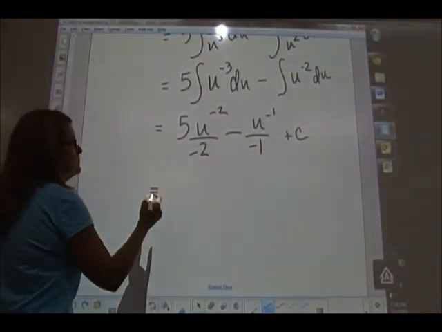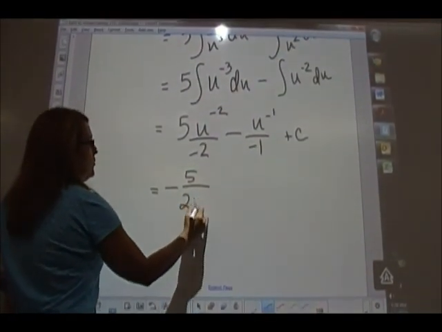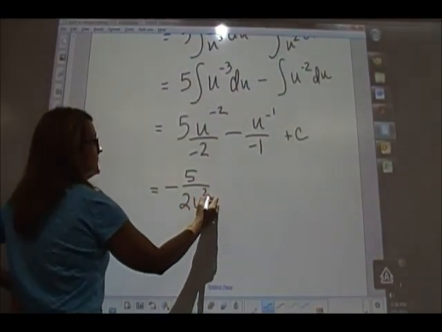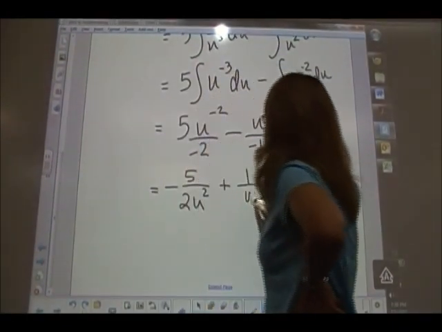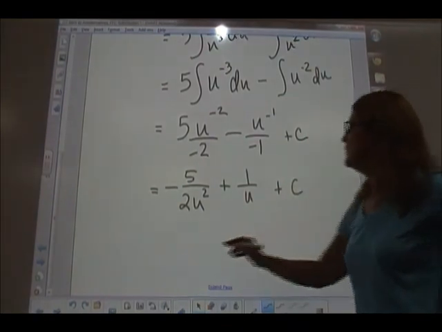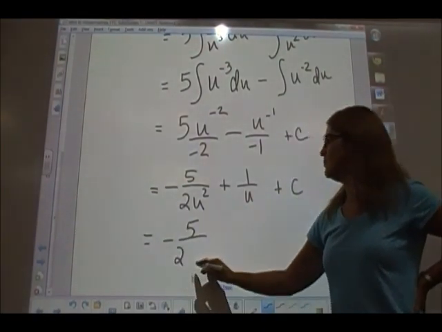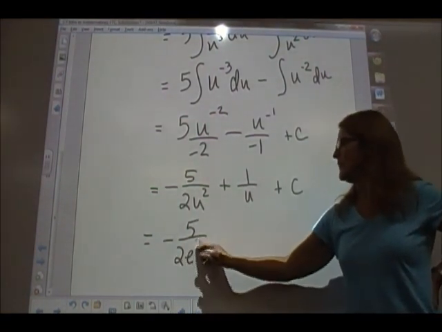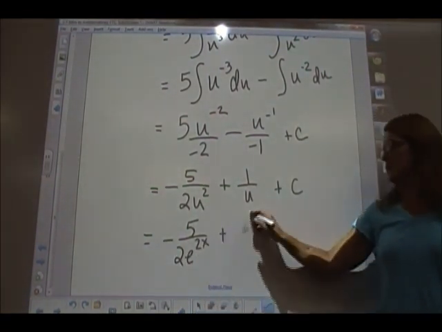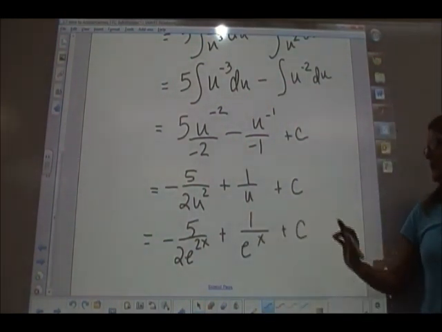This is negative 5 over 2u squared plus 1 over u. Okay, so that's negative 5 over 2 times e to the 2x, okay? Plus 1 over e to the x plus c.